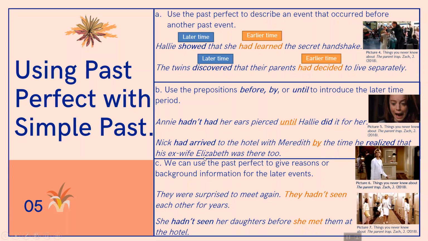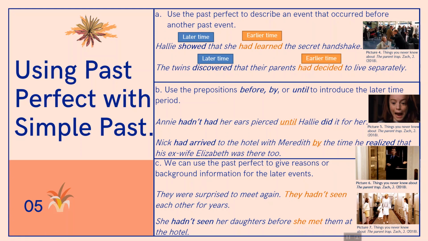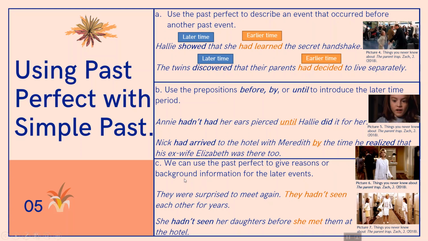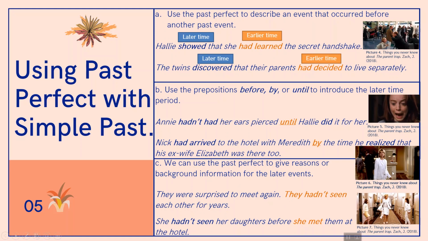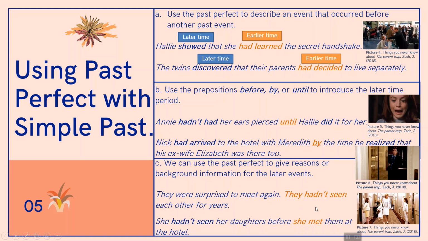Now, we can use the past perfect to give reasons. This is very important. Or, as I said before, to give background information for the later events. For example, they were surprised to meet again. They hadn't seen each other for years. So the reason that they were surprised is that they hadn't seen each other for years.